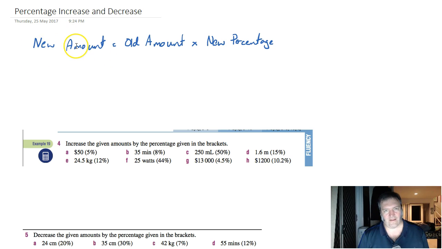The new amount, so whatever we're increasing or decreasing to, is equal to the old amount, what it started out with, so old or original, you can call it whatever you like really, multiplied by the new percentage. And how do we work out the new percentage? Pretty straightforward. The new percentage, if it's an increase, it's 100% plus whatever percentage we increase by.